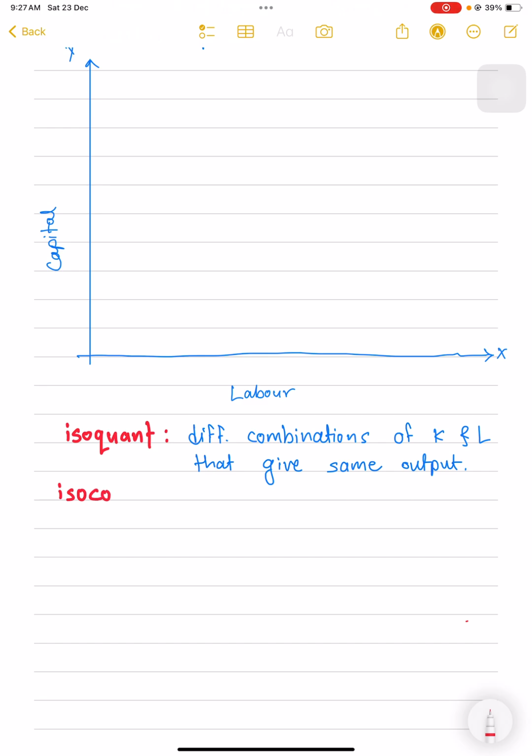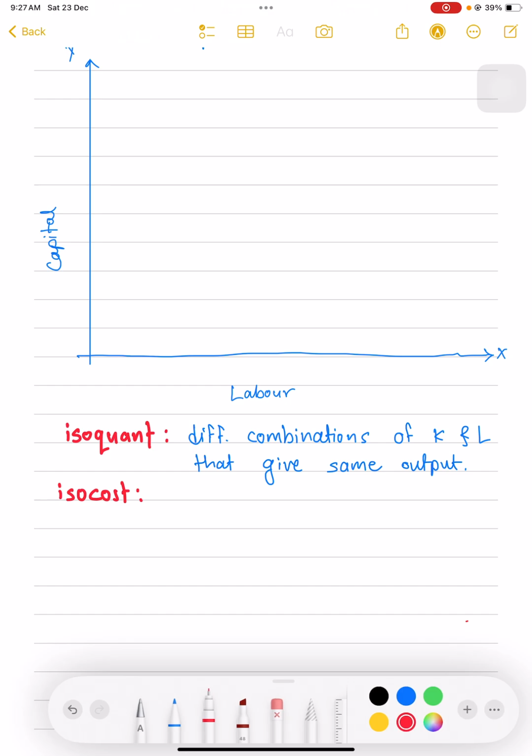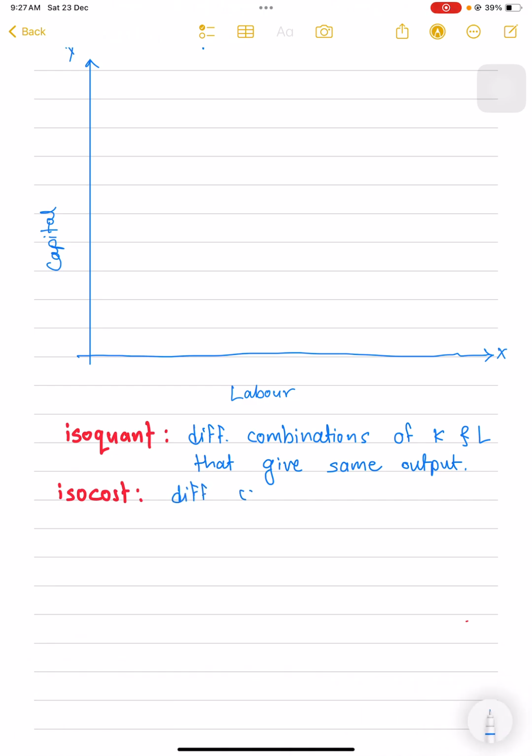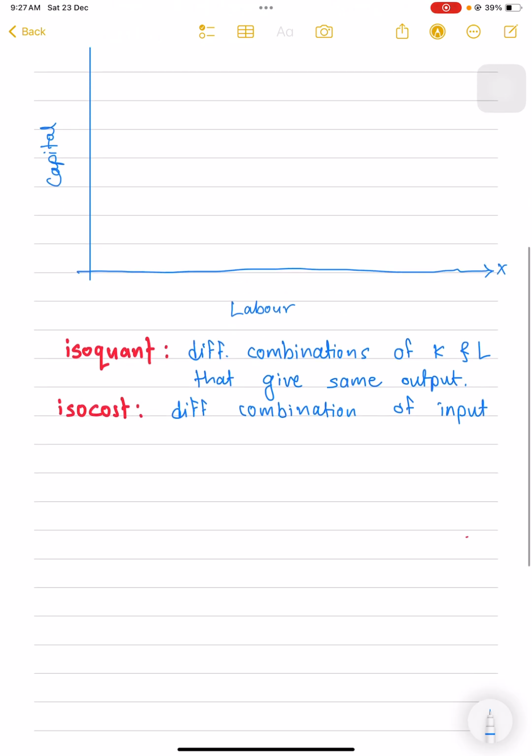Now isocost is different combinations of inputs that can be purchased for an estimated cost.